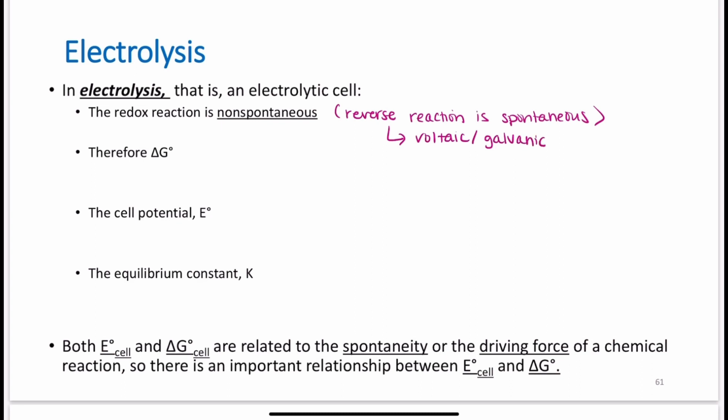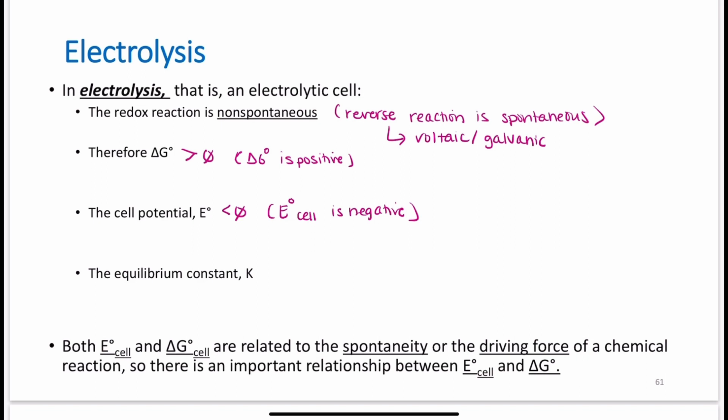Because this is non-spontaneous, delta G will be greater than 0. So delta G is positive. The cell potential, E naught, is less than 0. Your cell potential is negative. Again, just completely opposite of that voltaic or galvanic cell.